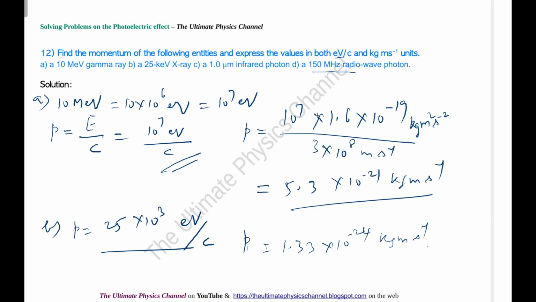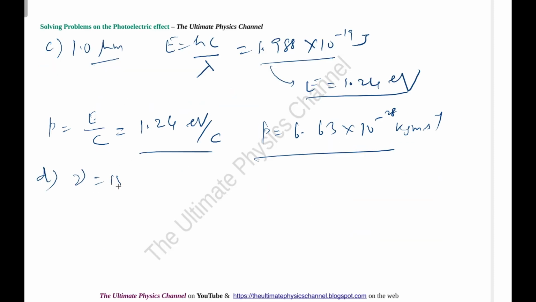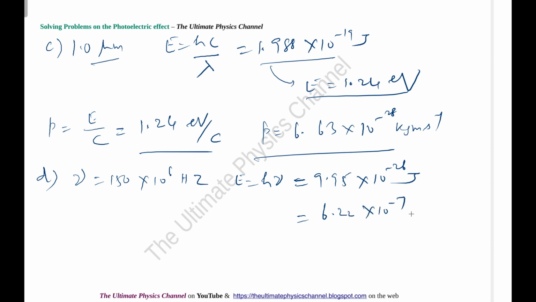where the frequency of the radio wave photon is 150 megahertz. So this nu is equal to 150 into 10 power 6 hertz. Using this value, we can calculate the energy as E is equal to h nu, and in joule units, you would get 9.95 into 10 power minus 26 joules, and in eV units, if we convert this, you would get 6.22 into 10 power minus 7 eV.